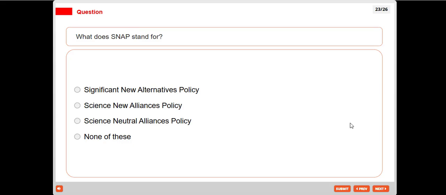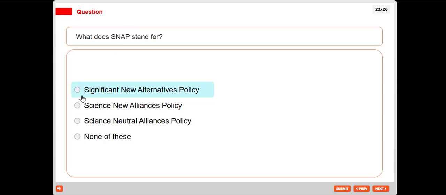What does SNAP stand for? Significant New Alternative Policy. Significant New Alliances Policy. Science Natural Alliance Policy. I don't remember this one.